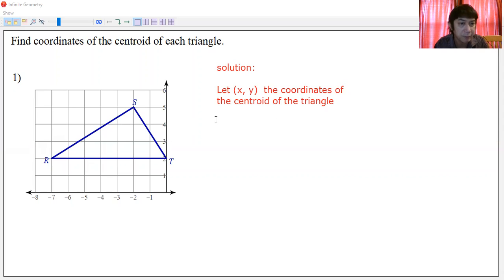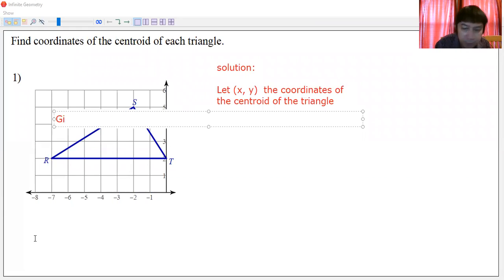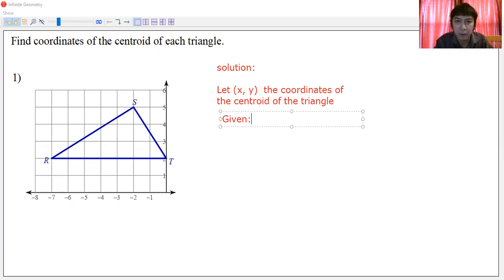This is R, S, T. Let's start with the given. All right, we have R. The R point is at, you have to read it, of course, -7, 2.